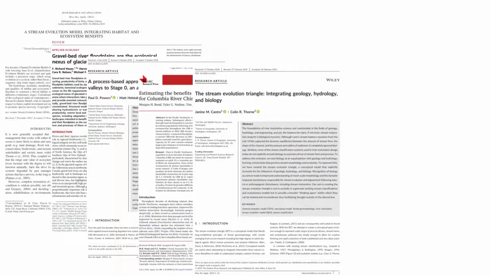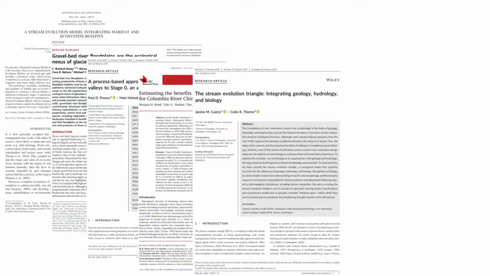And at about that same time, Colin and I published a paper on the stream evolution triangle. What you saw just at the end of his talk is really getting at the importance of biology. We talk a lot about geology and hydrology, that transport channel, how to move sediment. This is bringing in biology as a full partner, as a full driver.